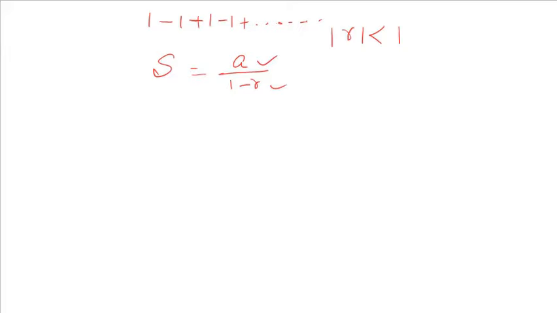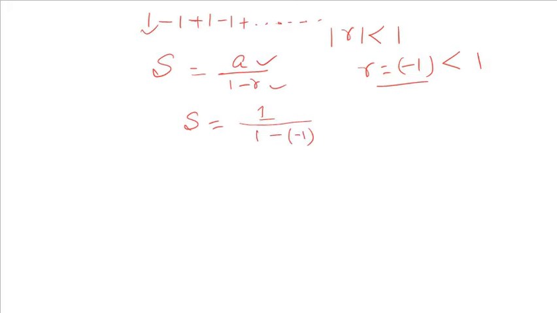Here the common ratio is minus 1, whose modulus is 1. The first term a is 1, so the summation is 1 upon 1 minus of minus 1, which becomes 1 plus 1, so the result is 1 upon 2. So the sum of the series is 1 over 2.